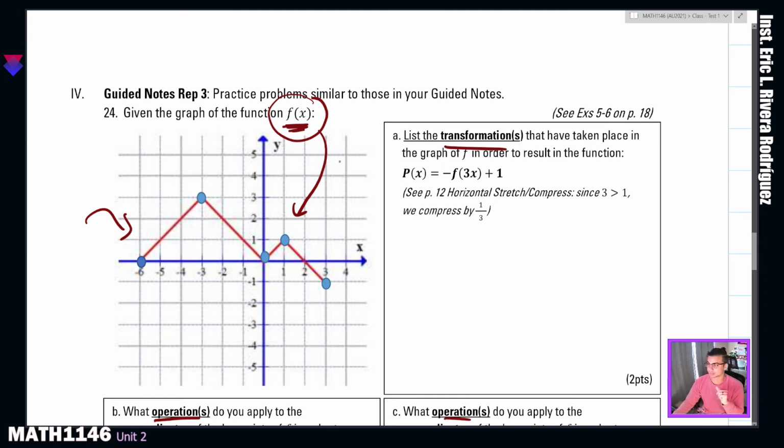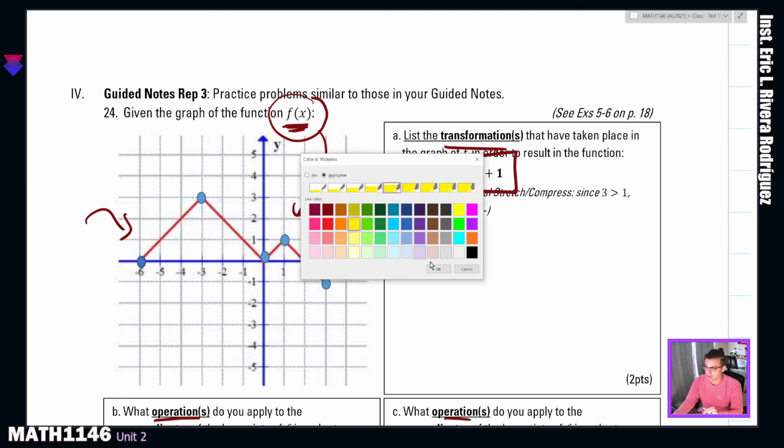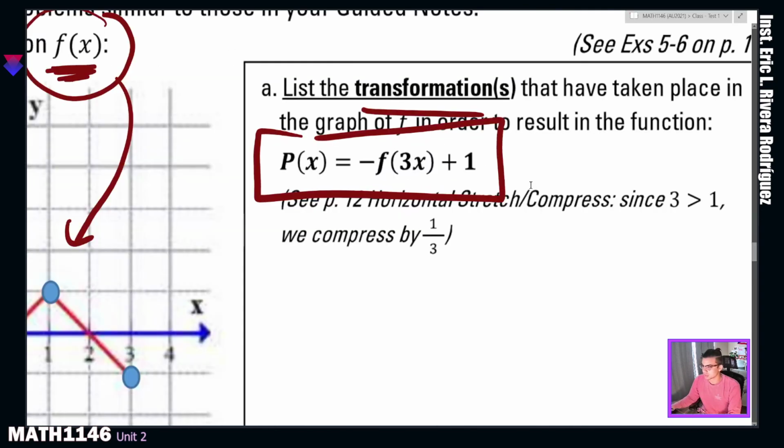Now, you go here and you will see a function p of x that depends on f of x. You are going to compare and identify everything that is new compared to f of x. For example, let me highlight those. We are seeing a negative in front of f of x.